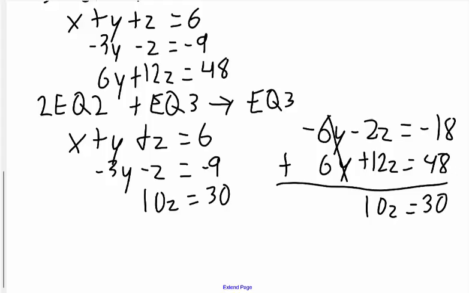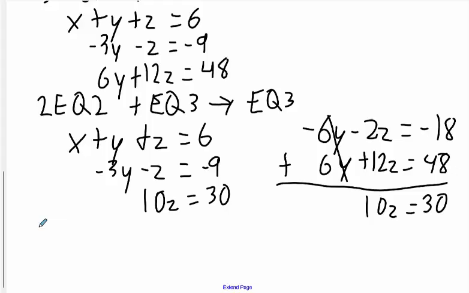Now, we can do one of two things next. It doesn't matter which one we do. But I think what we want to do is multiply the second one by negative 1/3.